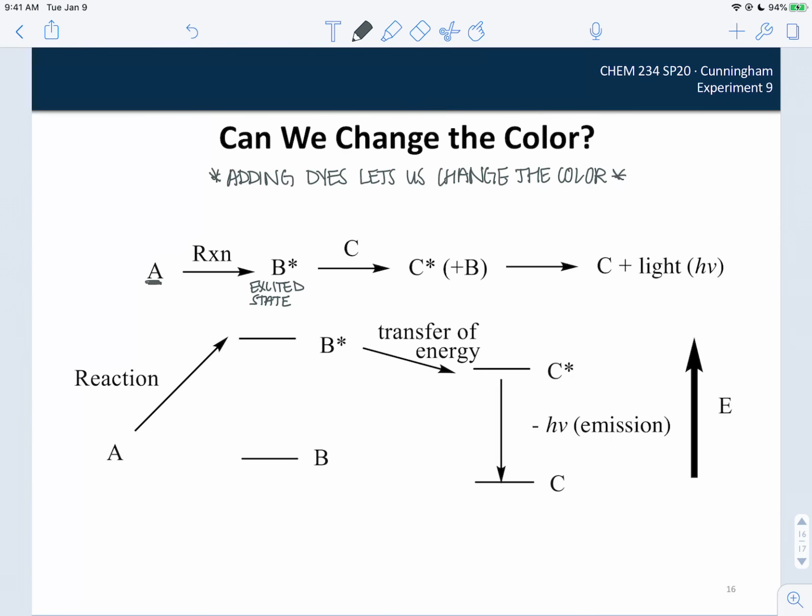Now at this point, we can add in some dye, and that dye will absorb energy from our excited state, B.